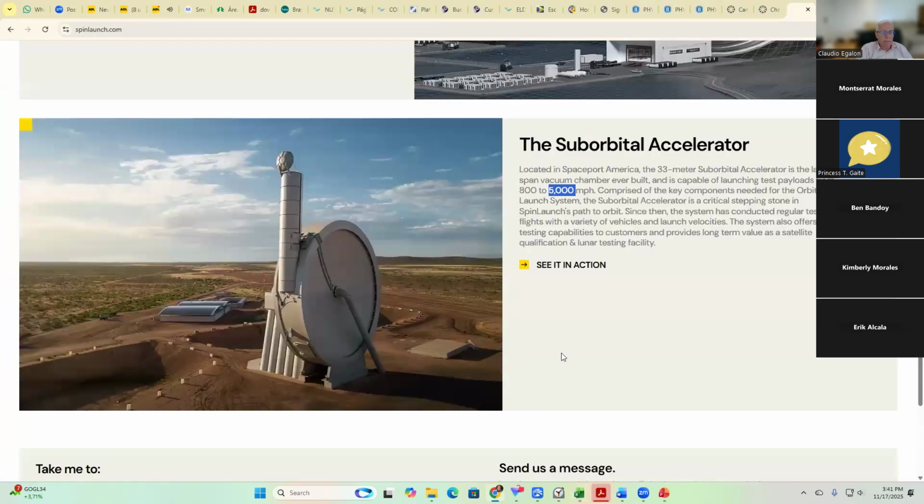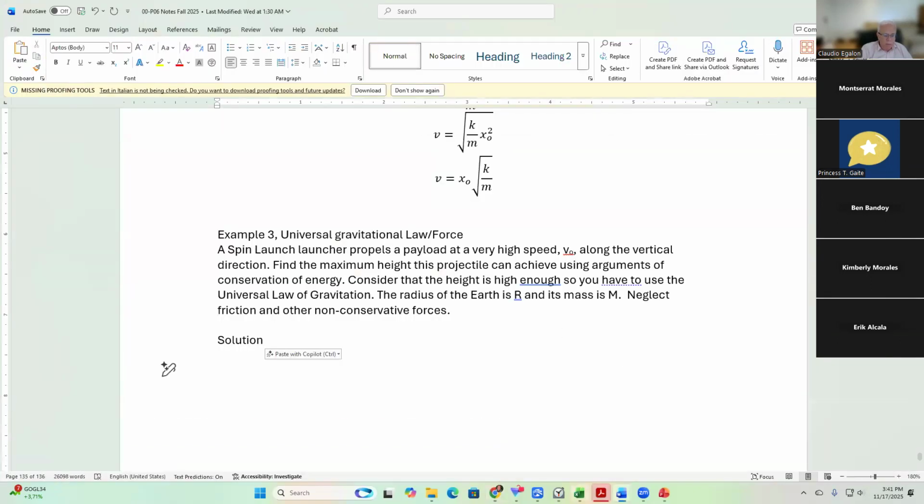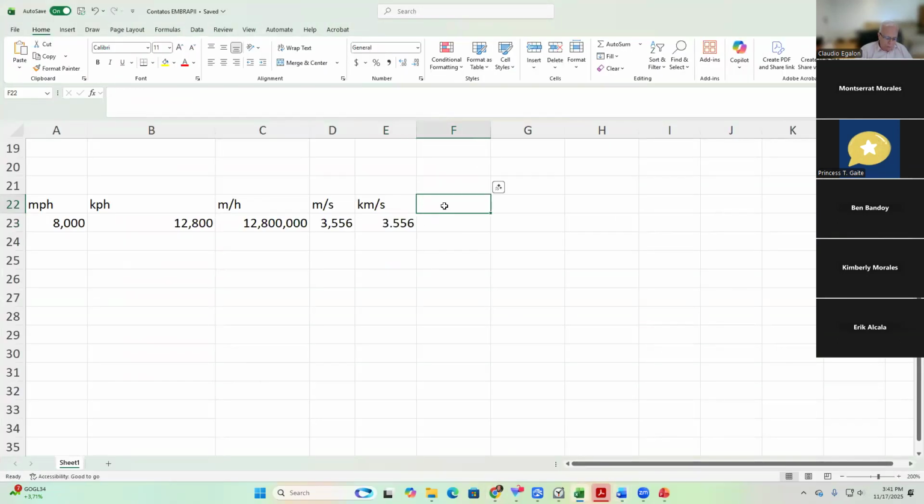They accelerate this object at 3.5 kilometers per second. It's very fast. How many miles per second is that? Let's divide that by 1.6. It's 2.22 miles per second.